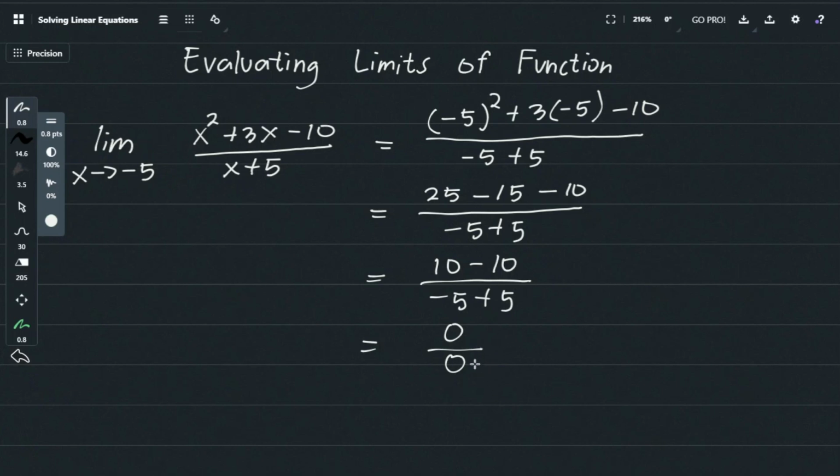So we are just going to factorize this expression, okay, to solve this problem.